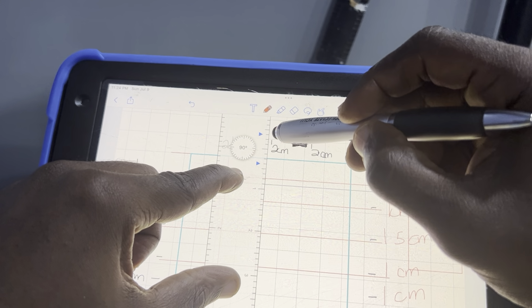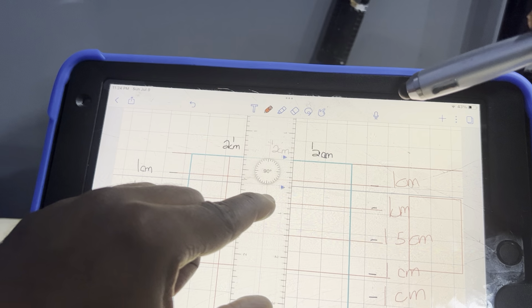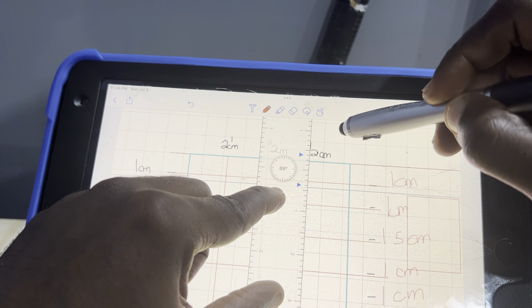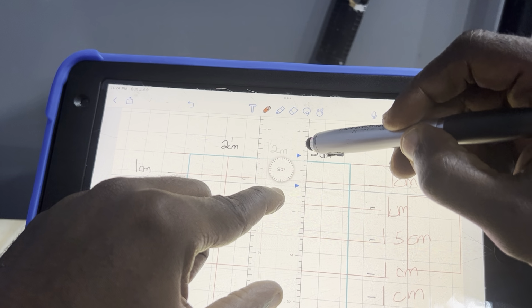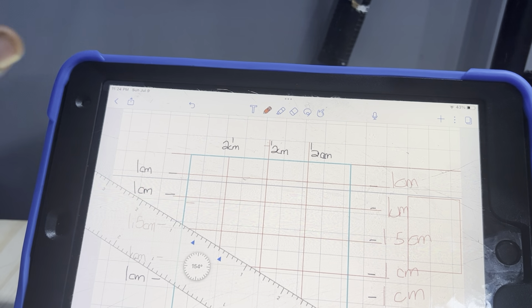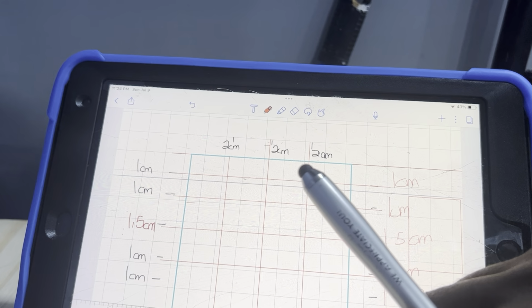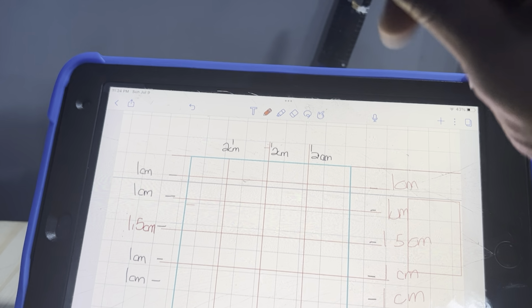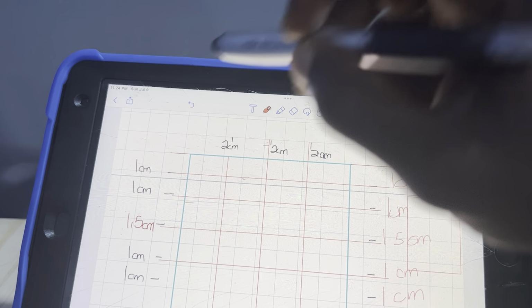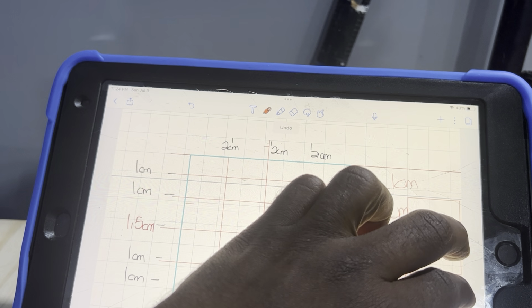Just so you guys get an idea. And the good thing about the video is you guys can always pause and go back and take your time with it. Okay, then we start to, oh, I need that ruler again.